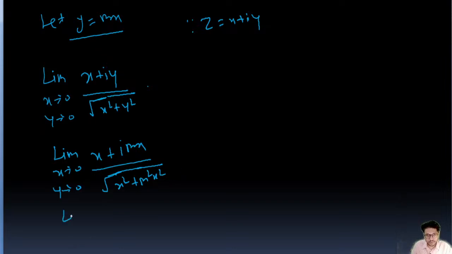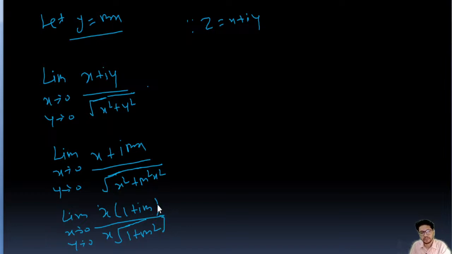Here we take x common, so this is 1 plus im upon x square common, x square will come out of the root, and this is x times root 1 plus m square.